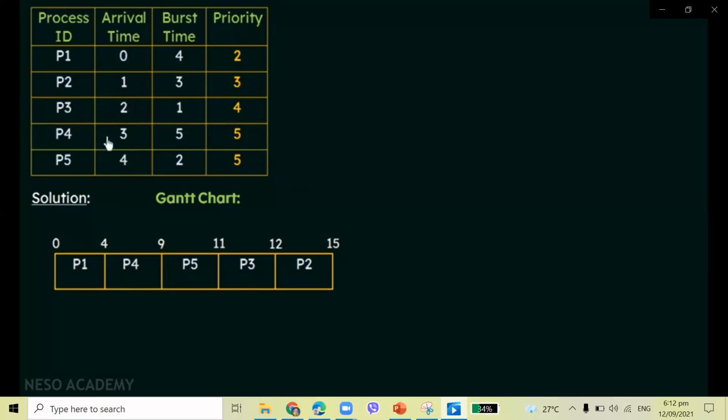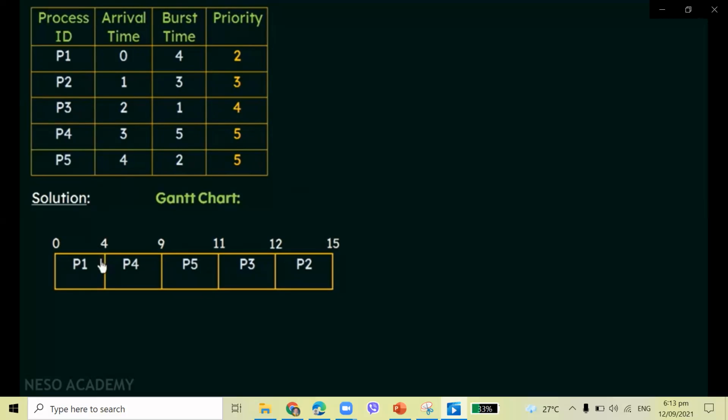If you check the priorities, P2 has a priority of 3, P3 has a priority of 4, and P4 and P5 both have priorities of 5. All these priorities are greater than that of P1, which is 2. But even then, P1 will not be disturbed because this is non-preemptive priority scheduling. So all these other processes have already arrived and are now waiting in the ready queue.